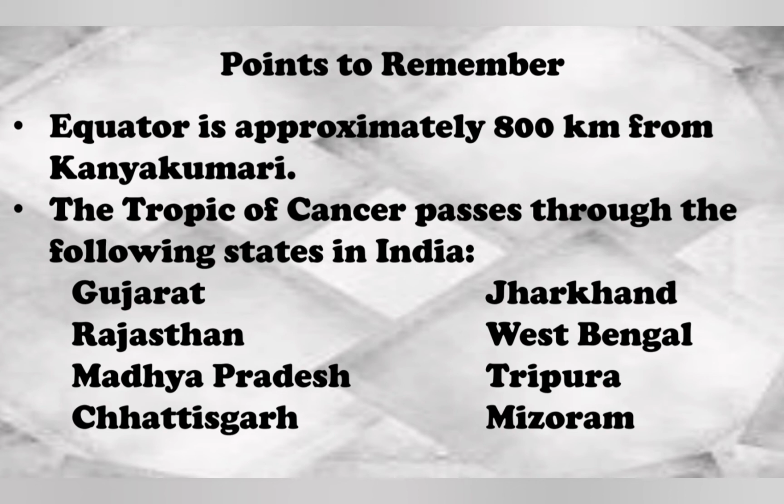Next, the Tropic of Cancer passes through the following states in India. Once again, children, please pay attention because these are the states in India through which the Tropic of Cancer passes.